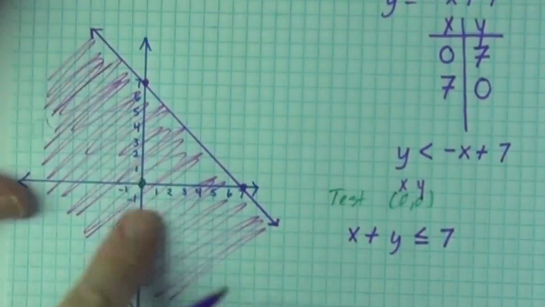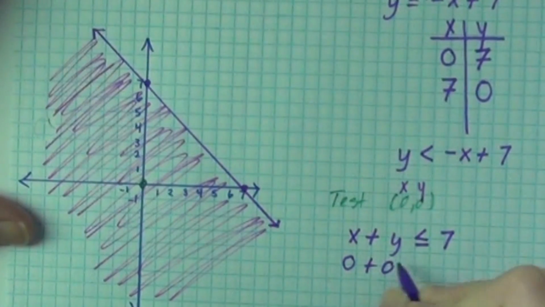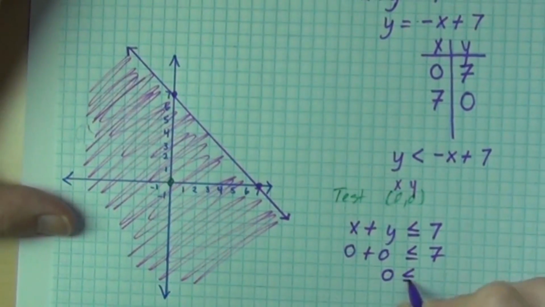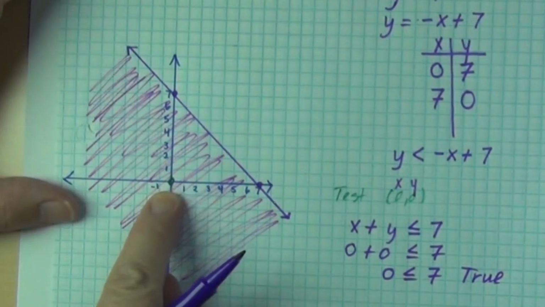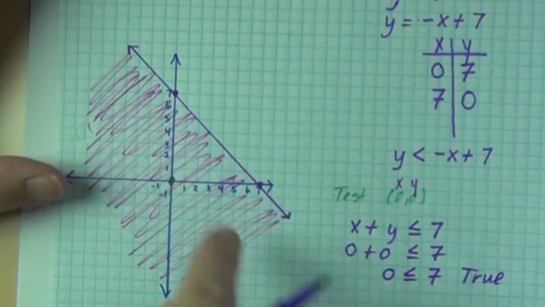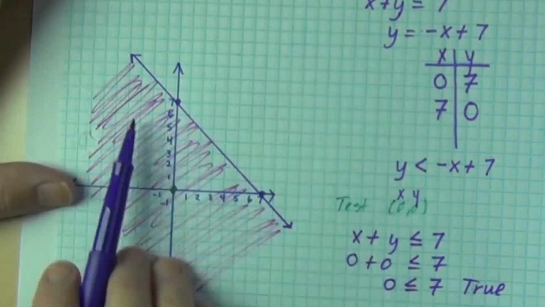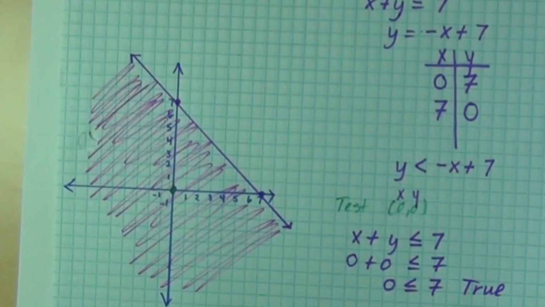You have to pick a point in the region that you're thinking is the solution, right? So we put a 0 plus a 0. This is a nice one, it's easy. And 0 is less than or equal to 7. This is true. So it is true that the point 0, 0 is a solution to this. Anything is a solution if it is equal to the line or below the line. So that is graphing a linear inequality.